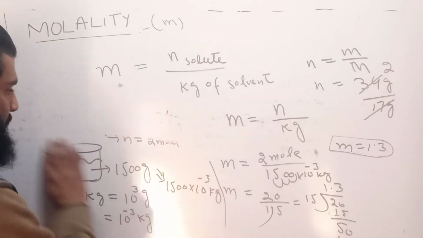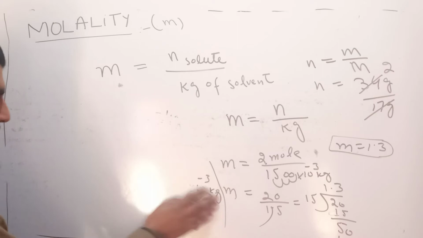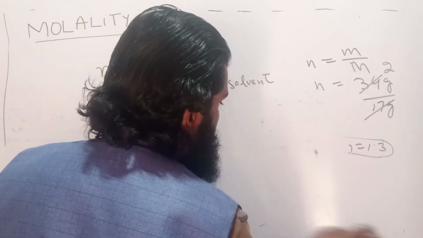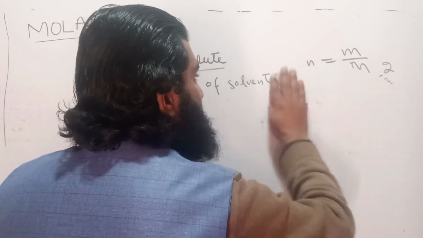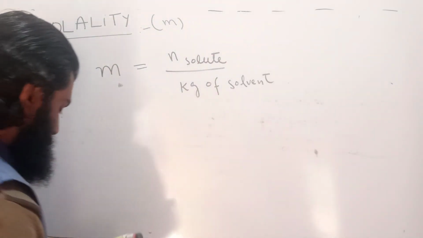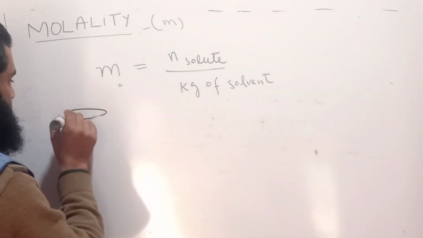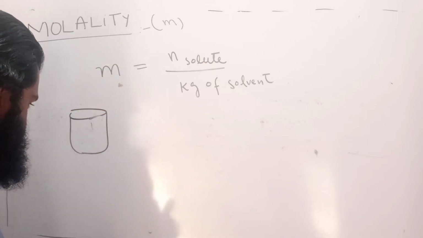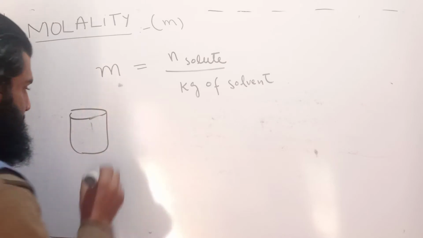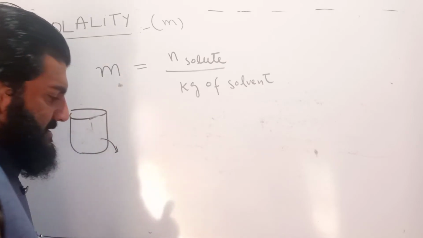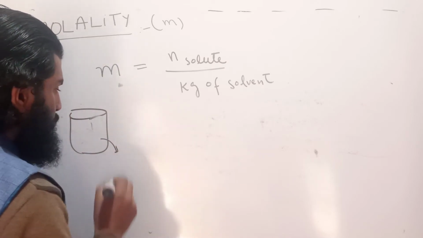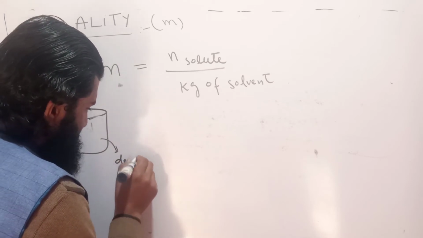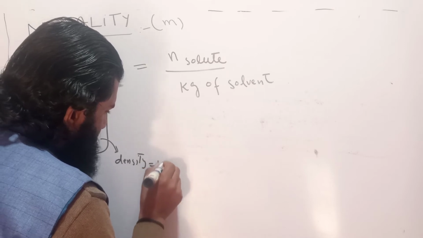So the next case of such type of molality is partially complicated, so we try it. There is another type of question, so be attentive. That is a solvent, sometimes they give the density of the solvent as 1 gram per ml.